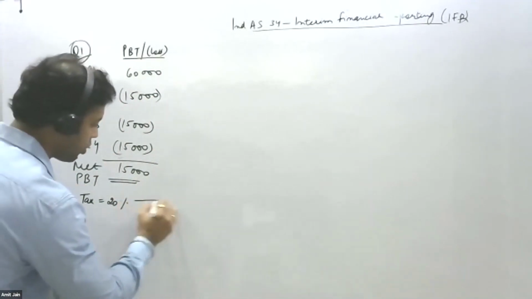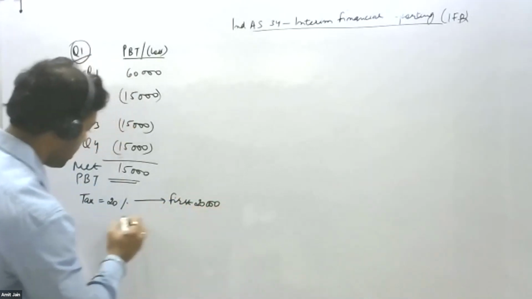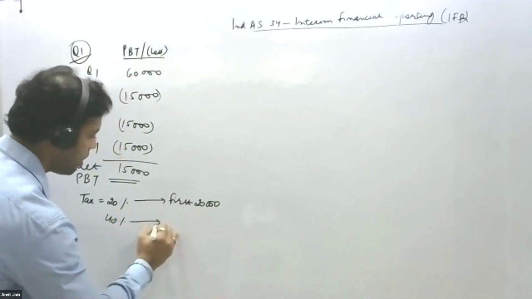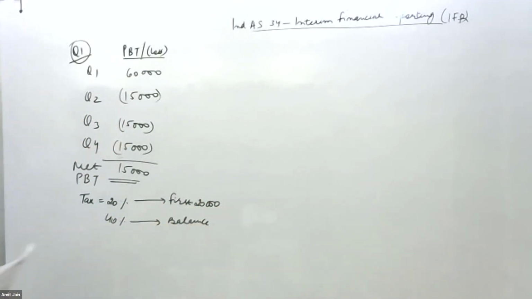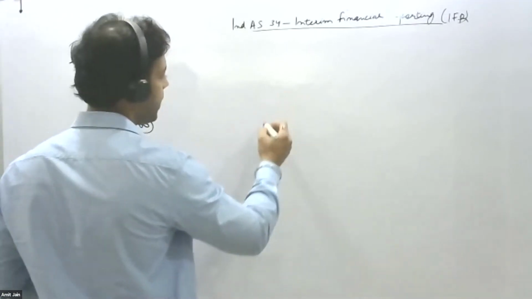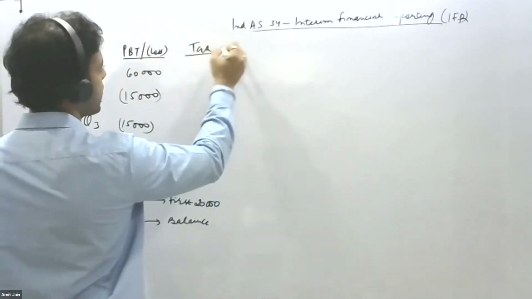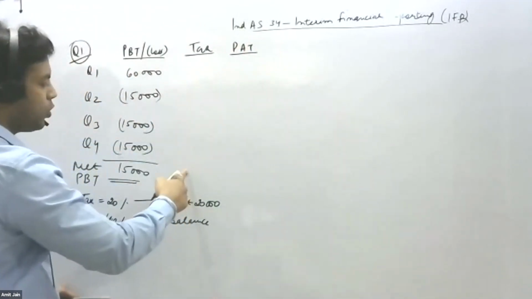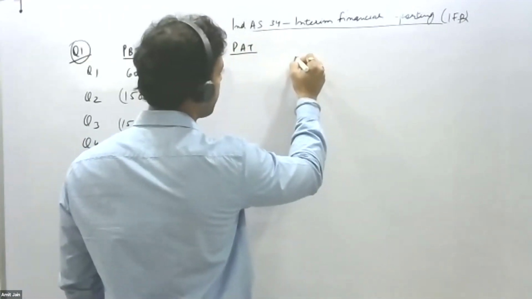So 20% on the first 20,000 and 40% on the balance, right? Now we need to compute tax and PAT. For computing the tax, I need to compute my effective tax rate for the entire year. So how to compute the effective tax rate?